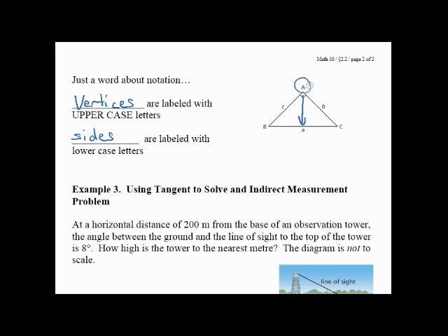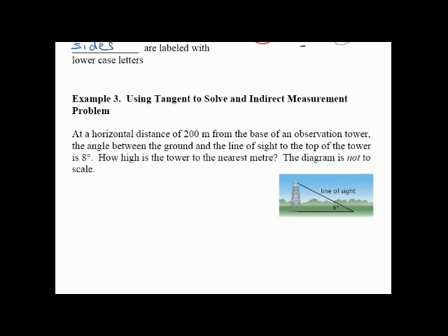So if this vertex is A, the side opposite is lowercase a. This vertex is B, the side opposite is a lowercase b. And we have a C in this corner, this vertex, the side opposite is a lowercase c. Okay? It's less confusing than saying side AC or side BC or XZ or whatever.